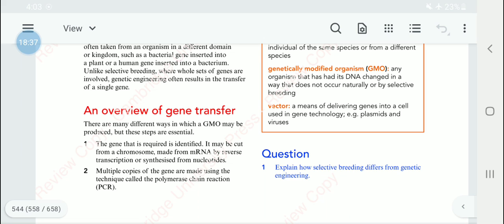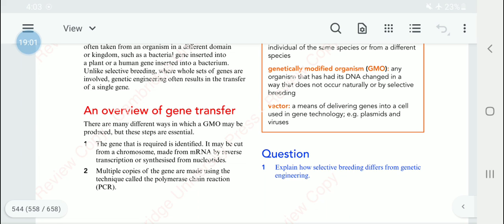Then write down an overview of gene transfer. When producing a GMO, following steps are essential.